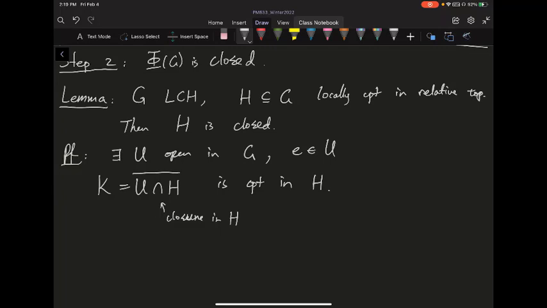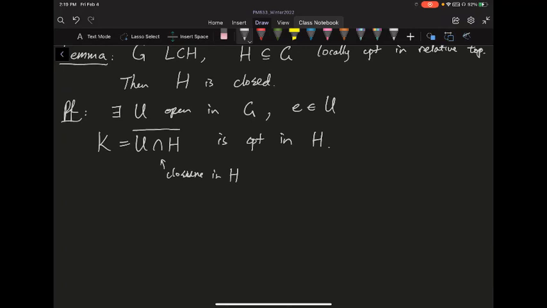But if you have something that's compact inside H, I want to first of all show it's actually also compact inside G. Think about K as a subset of G. If it's contained in the union of some open cover U alpha, then because K is a subset of H, K is also inside the union of U alpha intersect H. Because K is compact in the relative topology, you can find a subcover, so it's contained in the union of U alpha i, i going from 1 to n.